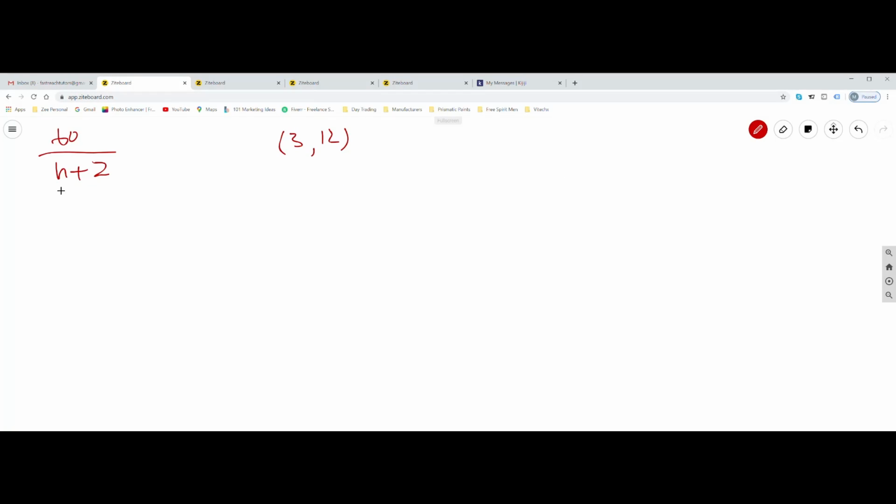So wherever there's h, we're going to substitute 3 plus h plus 2, which is the same thing as 60 over 5 plus h, minus 12, and we're going to multiply 5 plus h to the bottom and the top.